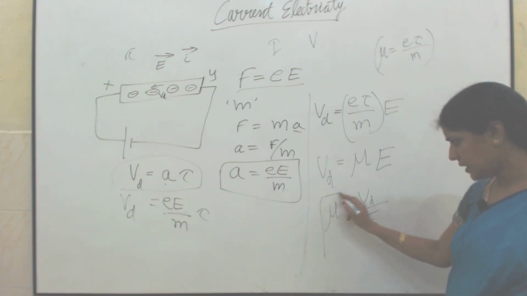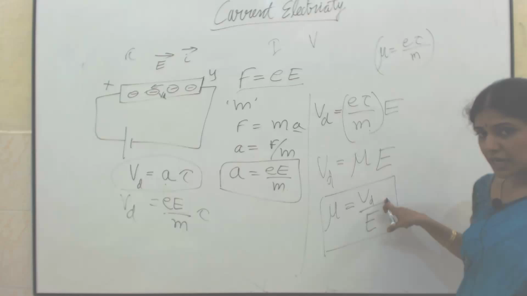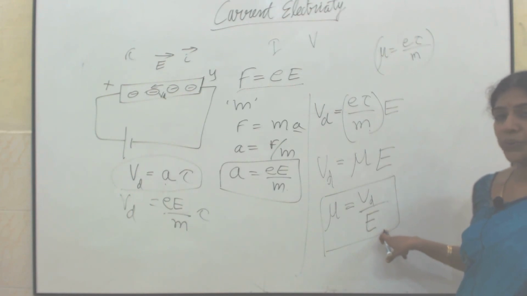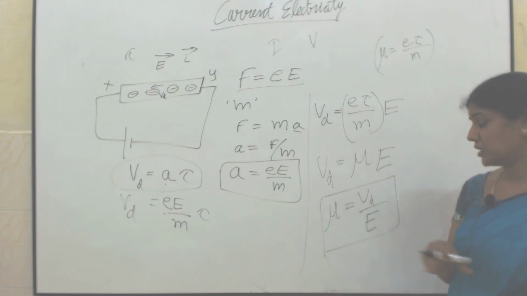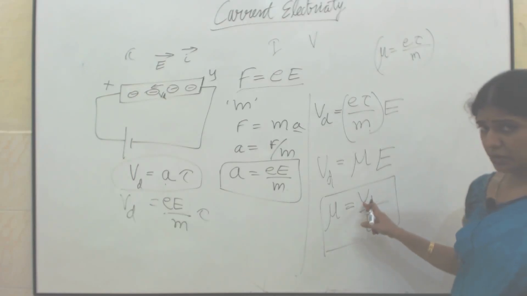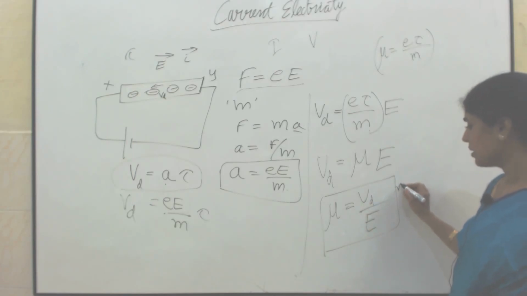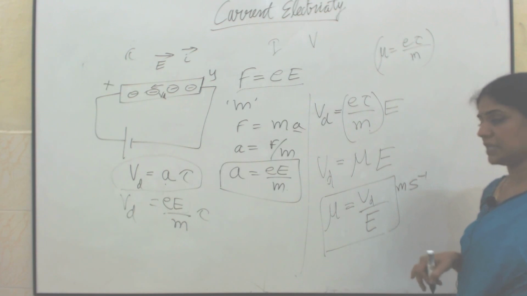So how can I define this mobility? Mobility is defined as the drift velocity acquired per unit electric field. Can you write the unit for this mobility? We know the unit for velocity is meter per second.